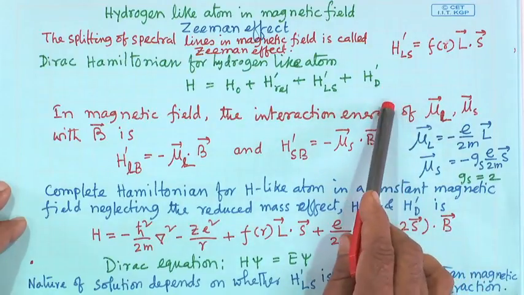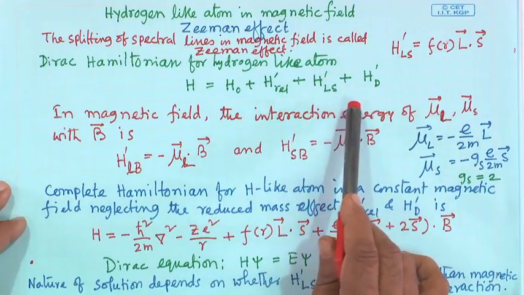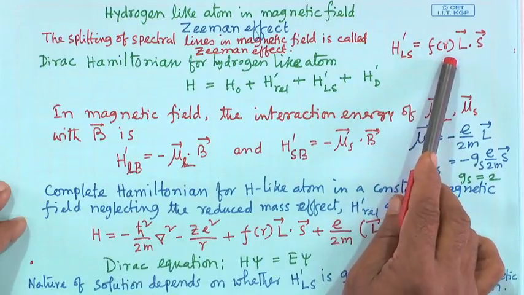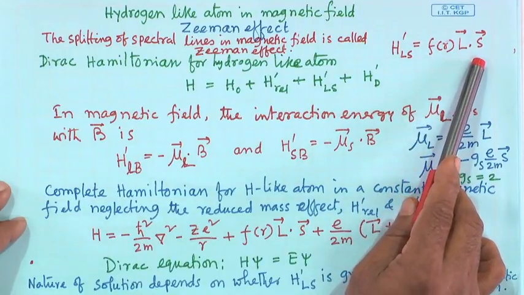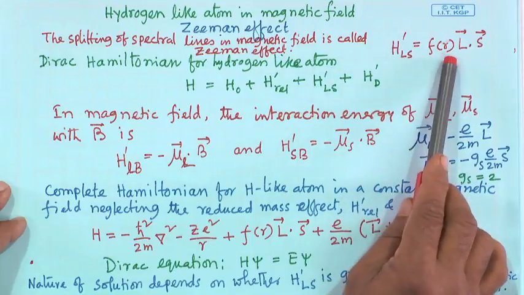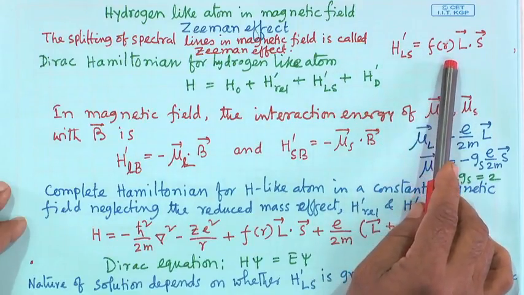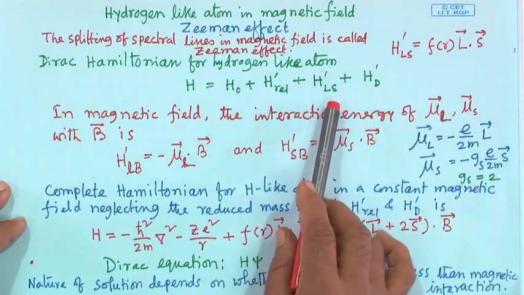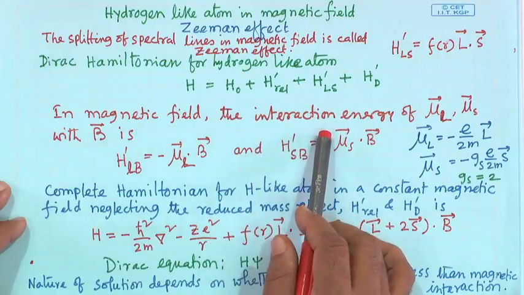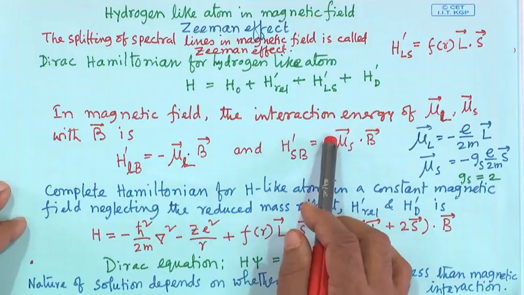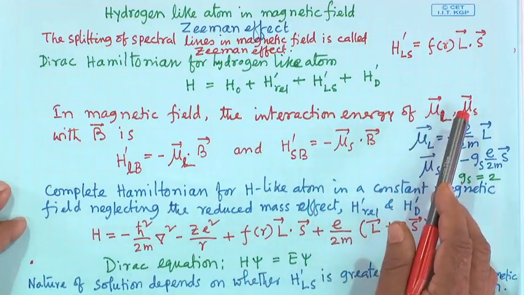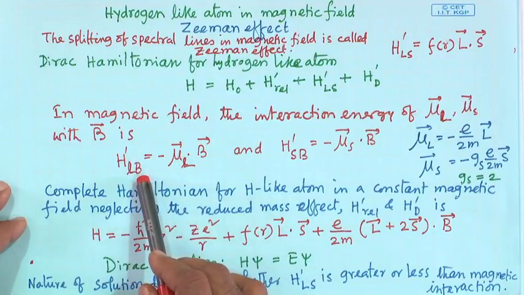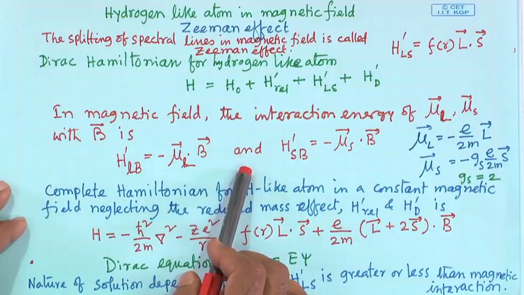This LS coupling, H_LS, is a function of r times L dot S. I have written this especially because it has importance for the Zeeman effect. When we apply a magnetic field, the additional interaction energy is called the magnetic interaction energy, that is basically minus mu dot B. Two kinds of magnetic moment are there for an electron in a hydrogen atom.